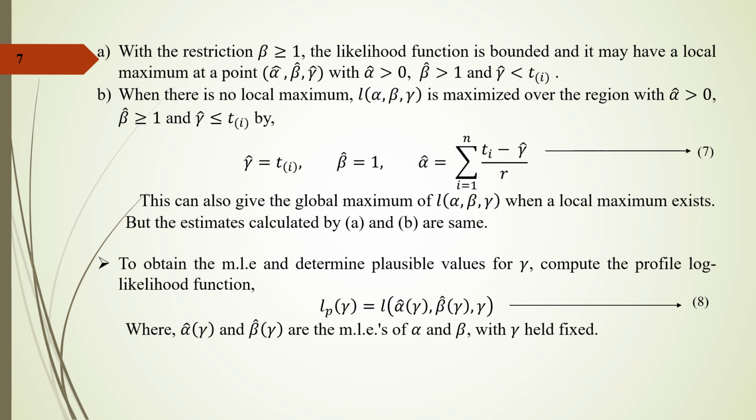To obtain the MLE and values for gamma, we compute the profile log likelihood function as in equation 8. Here, alpha cap of gamma and beta cap of gamma are the maximum likelihood estimates of alpha and beta with gamma held fixed.